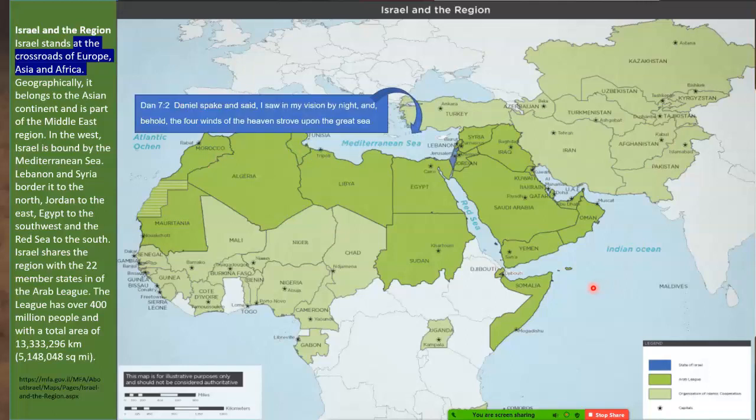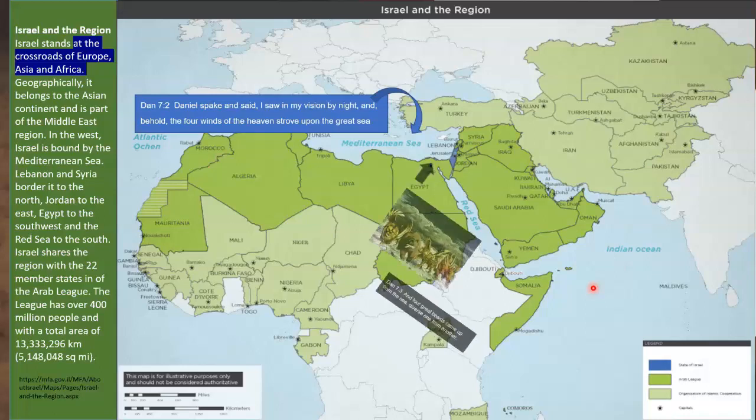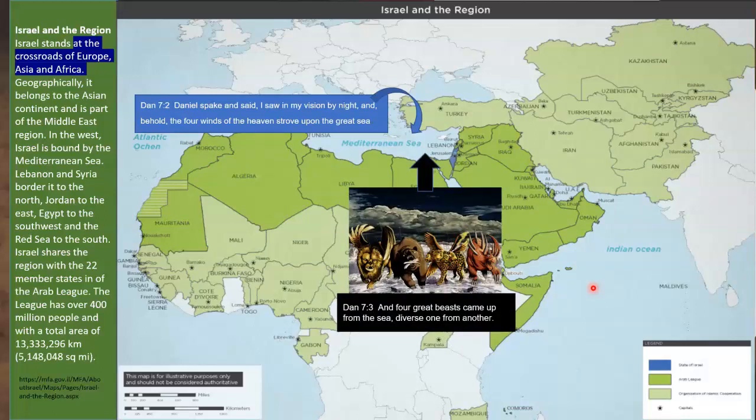So we just read in Daniel 7:2, Daniel spoke and said, I saw in my vision by night, and behold, 4 winds, 4 ruachs, 4 spirits of the heaven strove upon the great sea, which is the Mediterranean Sea, more than likely. And in verse 3, we were about to read, it will tell us, and 4 great beasts came up from the sea, diverse one from another.